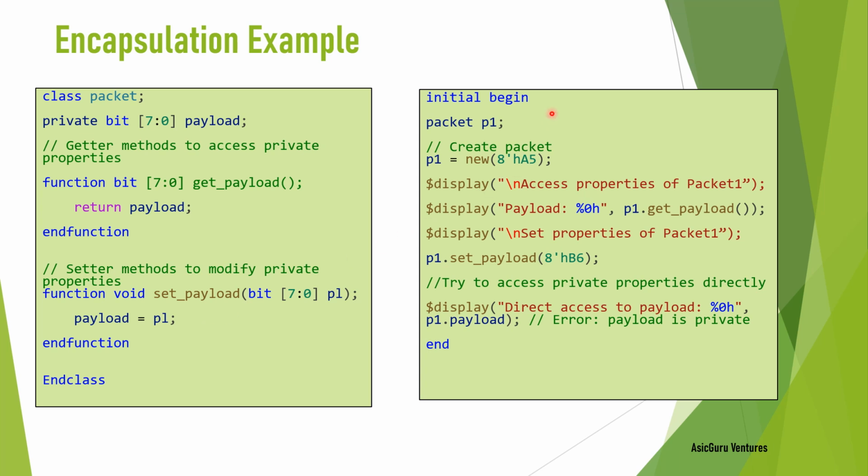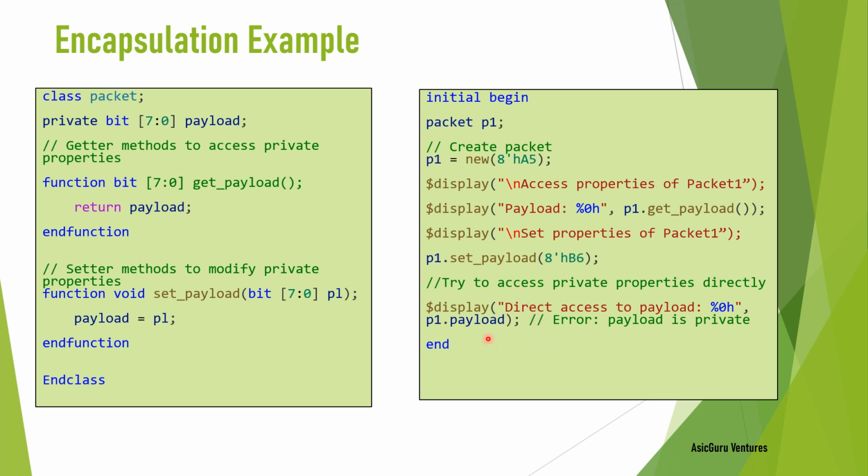Now in the testbench module, we are first creating a packet object named P1 and initializing it with a value. Using get payload, we are getting the payload value and printing it using $display. Then we are updating the payload value using the set payload method.